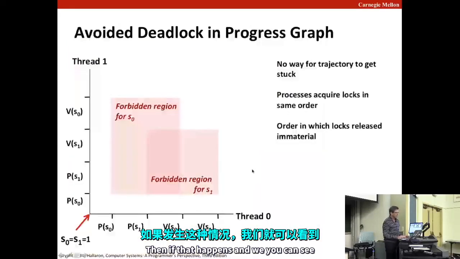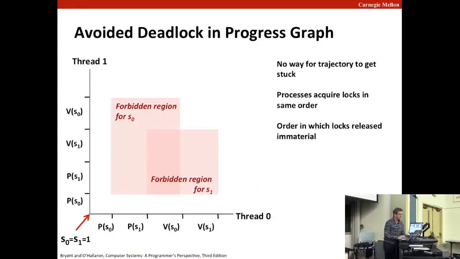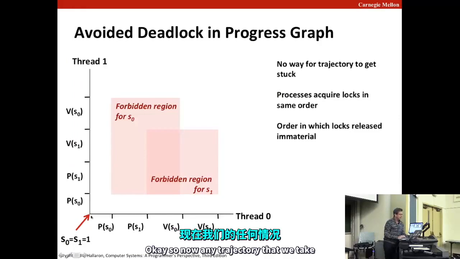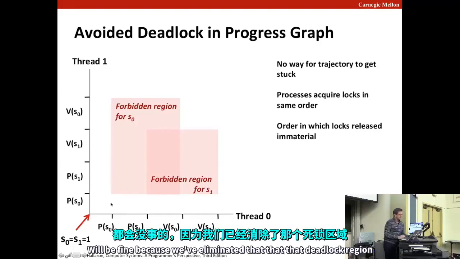Then you can see it eliminates the potential deadlock region. So now any trajectory that we take will be fine because we've eliminated that deadlock region.